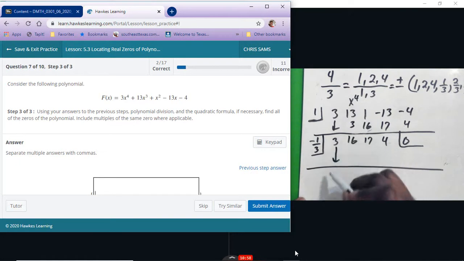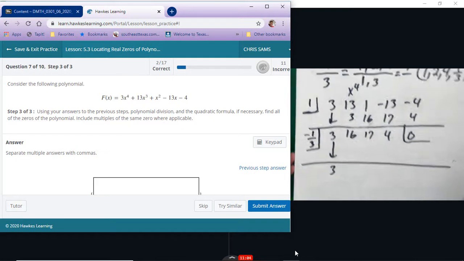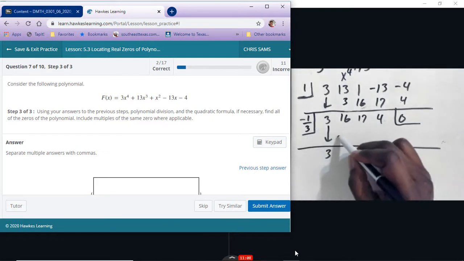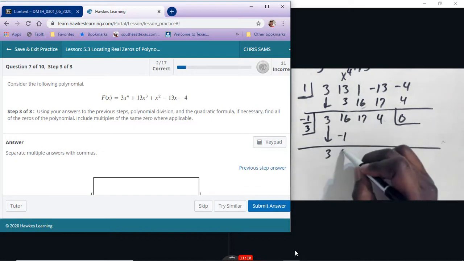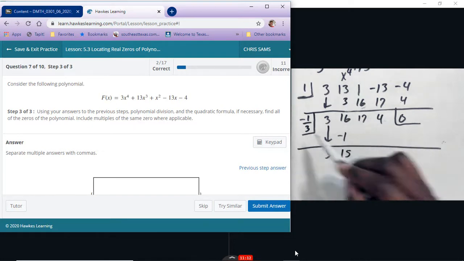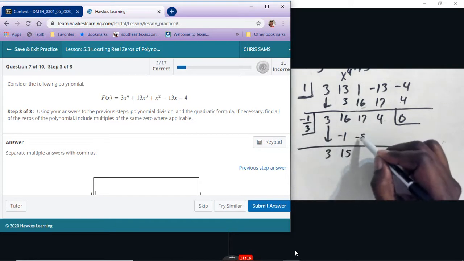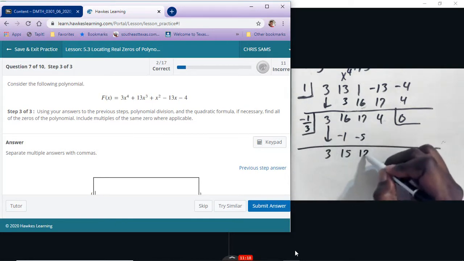bring down the 3. You're going to divide by the bottom number, multiply by the top number. Alright, so divide by 3, that gives us 1. Multiply, we get a negative 1. Combine, we get 15. Divide by 3, we get 5 times negative 1, negative 5. Combine these, we get 12.